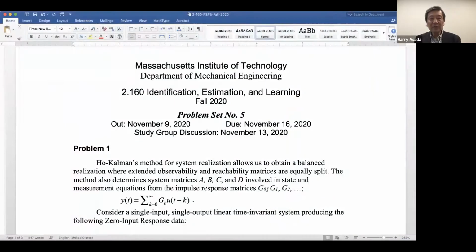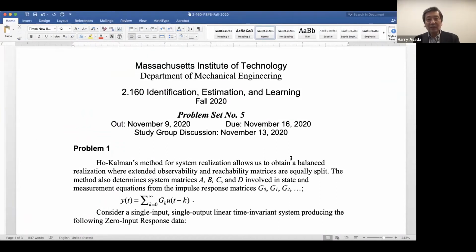Okay, so let's actually look at some of the, yeah, let me see. Here's the assignment I just released today. So this is problem set number 5.